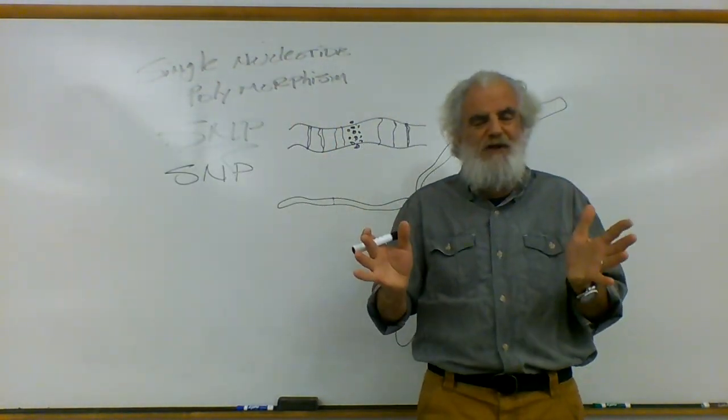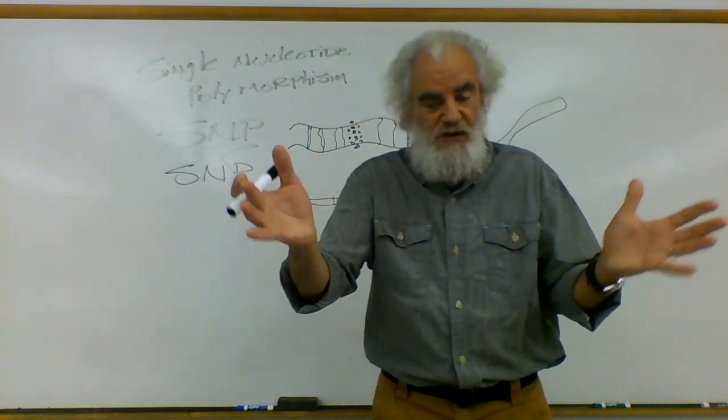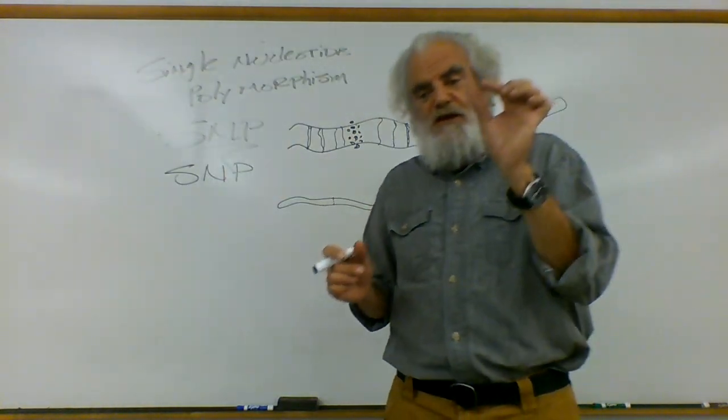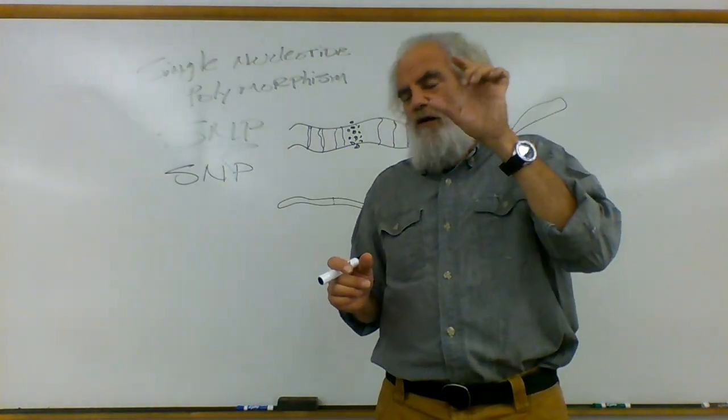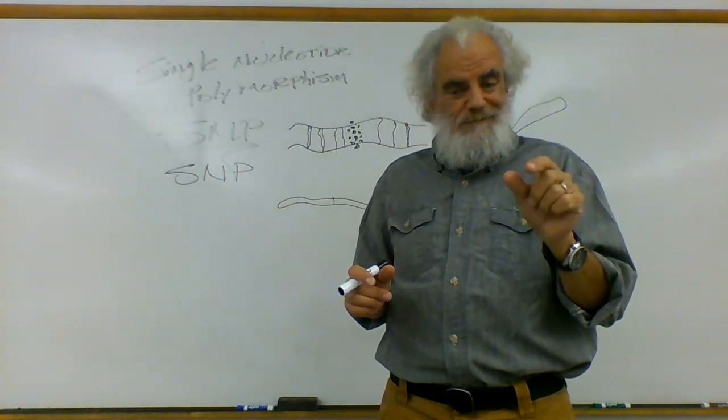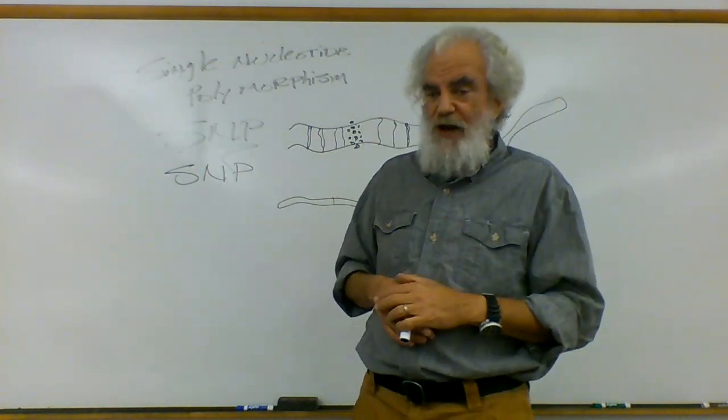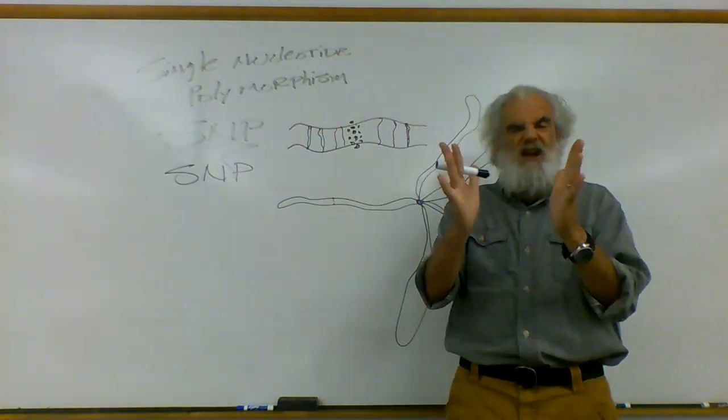And it's not a particularly accurate way of doing it, but at least it gives you an idea. You can identify the region where your gene is. And by very careful recombination mapping, you can get it down to a fairly narrow region.